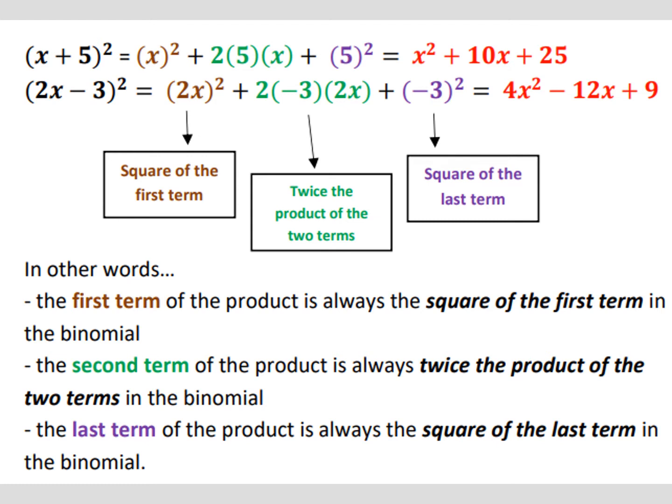And the last term of the product is always the square of the last term in the binomial. So as you can see, we only have three terms for our product in squaring a binomial: the square of the first term, twice the product of the two terms, and the square of the last term.